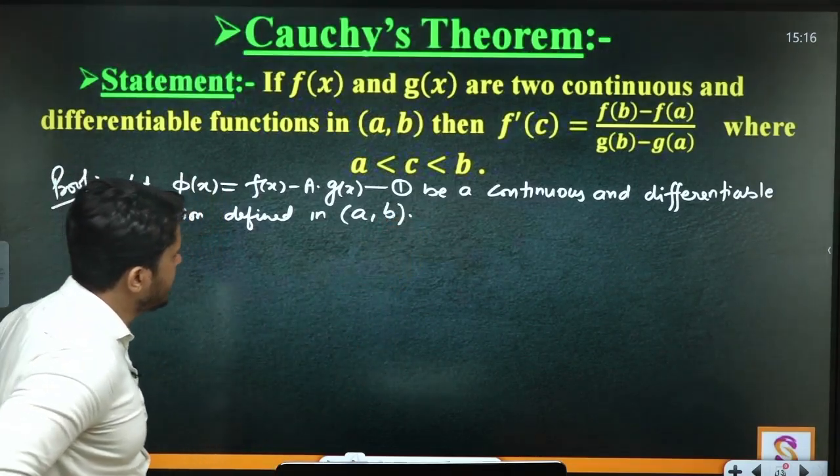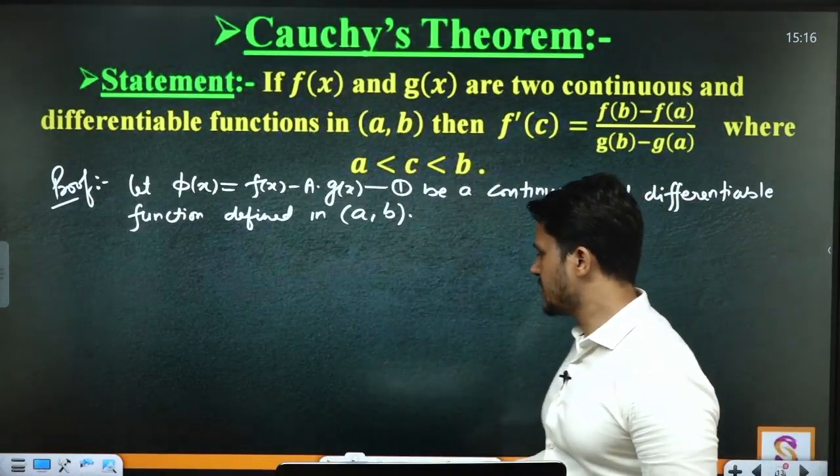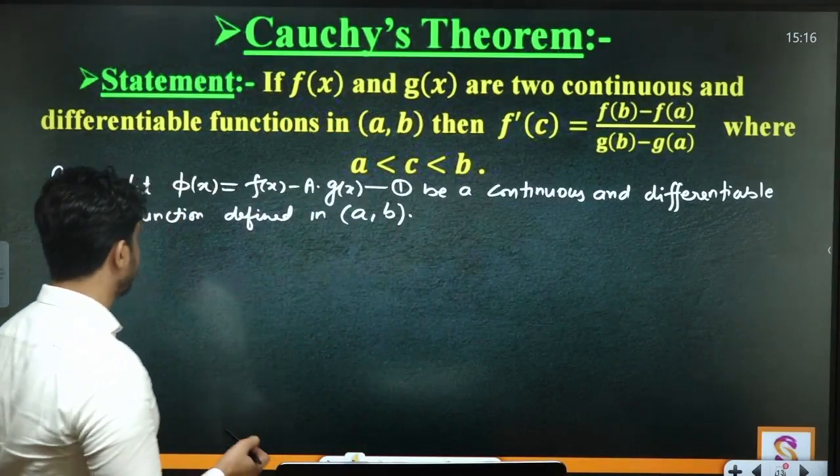So this is a function which is defined in the interval a comma b. All right. So we will apply Rolle's theorem here.